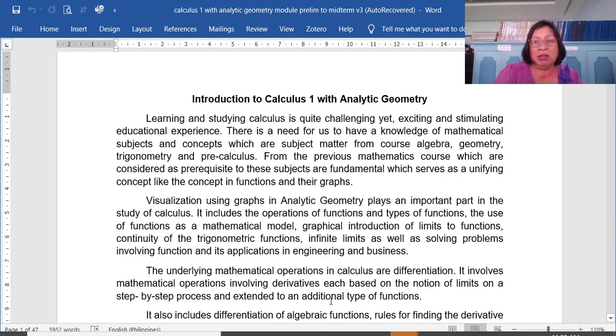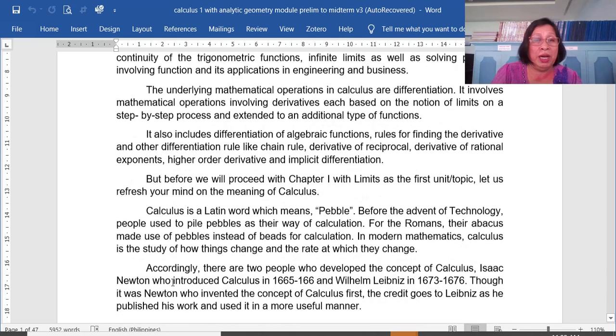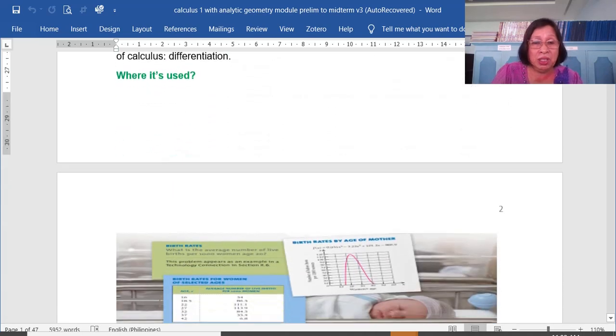It's based on the notion of limits, on a step-by-step process, and extended to an additional type of functions. It also includes differentiation of algebraic functions, the rules for finding the derivative, and other differentiation like chain rule, derivative of reciprocals, derivative of rational exponents, higher order derivative, and implicit differentiation.